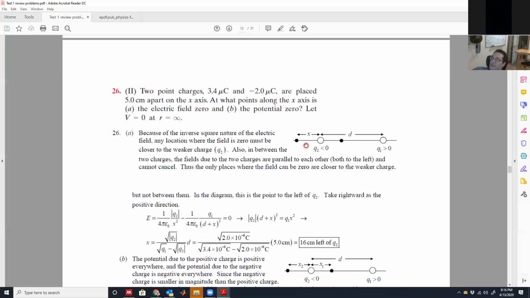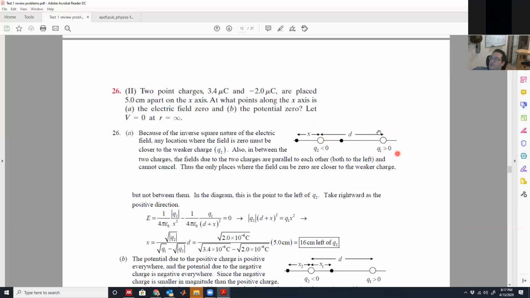But then we have to look at the magnitude of the charge to see which side it'll be on. Because if the magnitude of the positive charge is higher than the negative charge, and this test charge sits on the right side, this will always have a larger force than this, right?